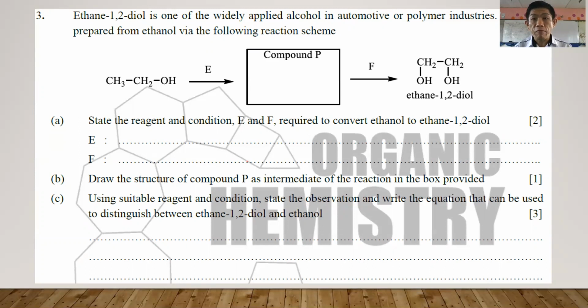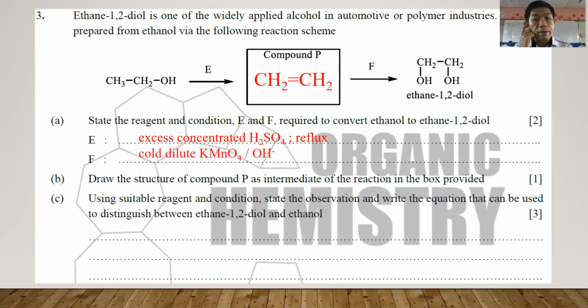Then the alkene is reacted with the reagent I mentioned just now, cold alkaline potassium manganate, to form ethane 1,2-diol. So for compound E, E is excess concentrated sulfuric acid under reflux, whereas F here is cold dilute KMnO4 in alkaline condition. As for compound P, it is ethene.